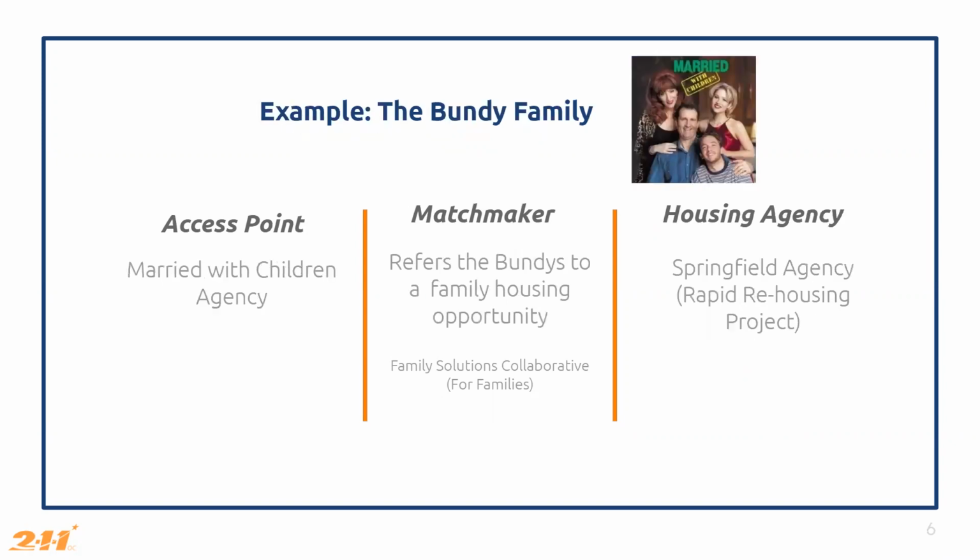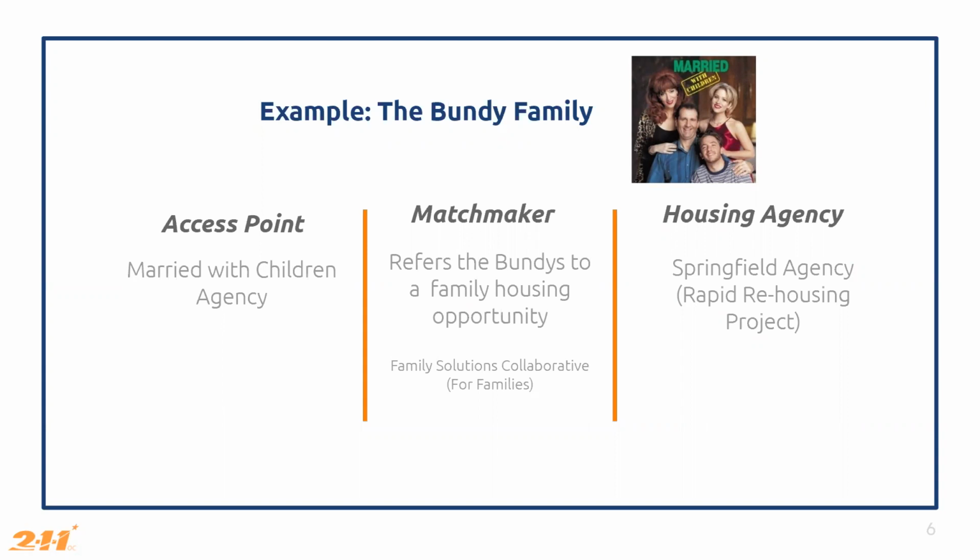So in order to review these steps in HMIS, we're going to demonstrate an example with the Bundy family. So let's suppose the family lost their house during the pandemic, and our goal as a community is to get them housed through CES.